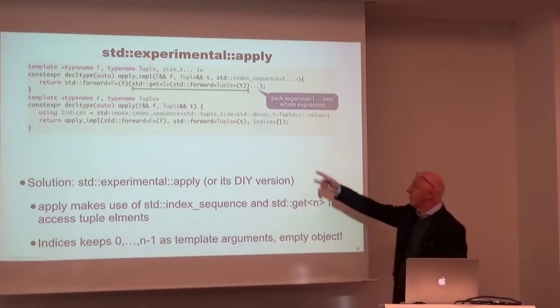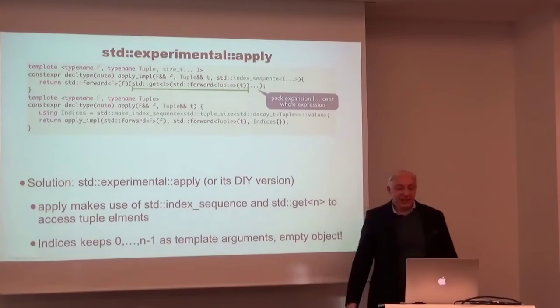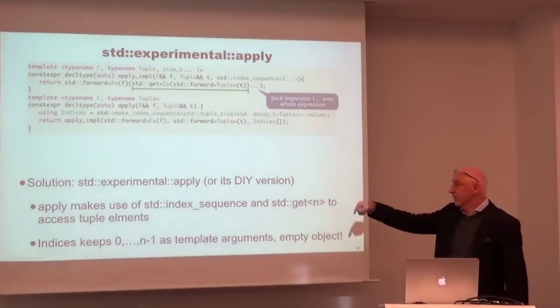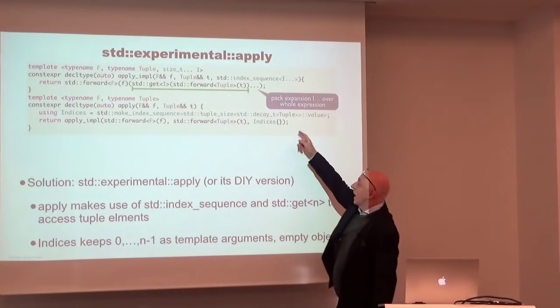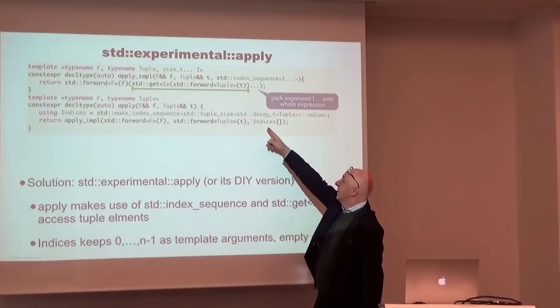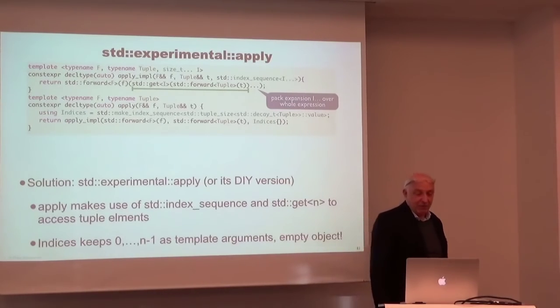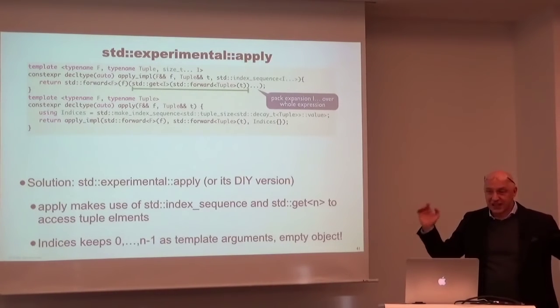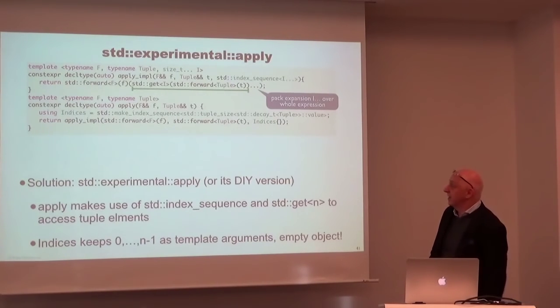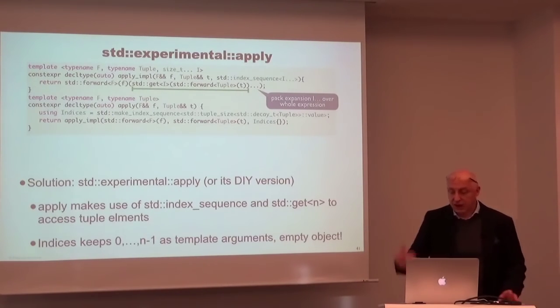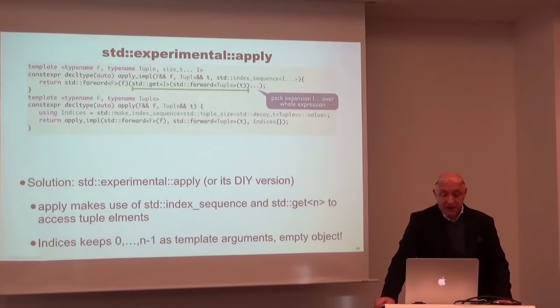And that for all I's passed in as the index sequence, and because we don't want to spell out 0 up to the number, we do that with make_index_sequence out of the tuple size and pass this type, which is actually an empty value, just a type with the right number of indices, 0 up to n minus 1, into the apply_impl function.